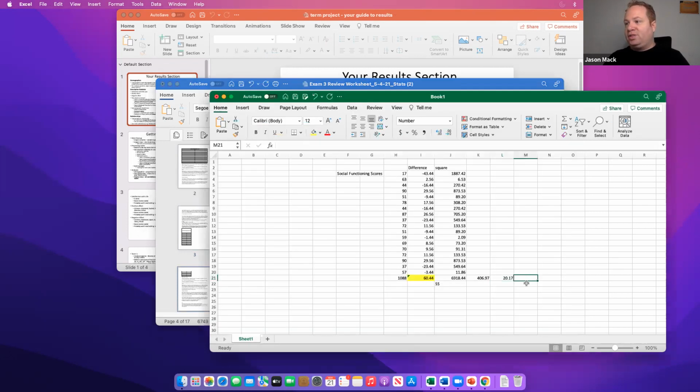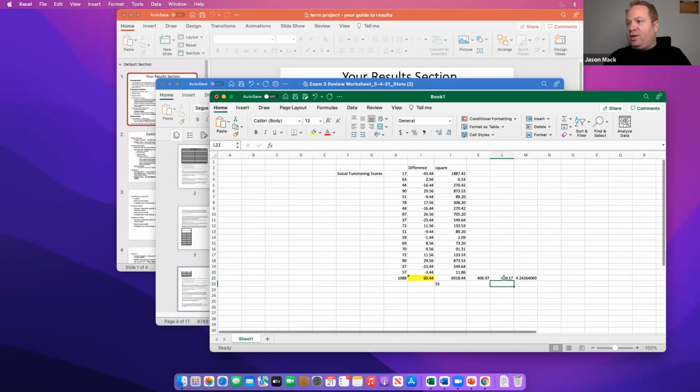So we can go back to Excel and we can do square root of 18 right here. Equals square root of 18. There's our number. Okay. So that's going to be very, very similar to what we had before. Well, it's actually the same one because it's the same amount of values.